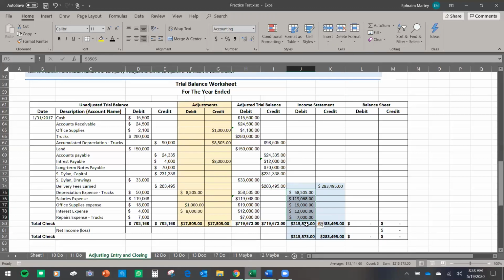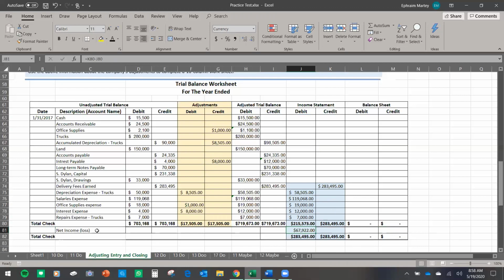So you take your total revenue minus all your expenses, because it added up all the expenses here. You press enter, and that gives you your net income of 67,922.